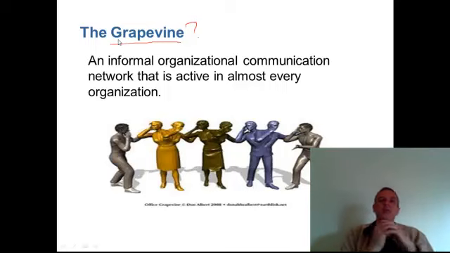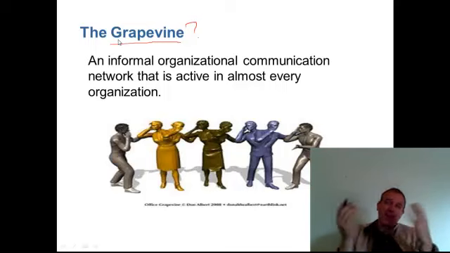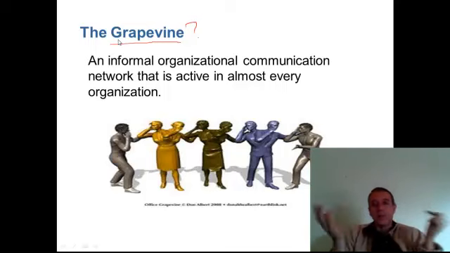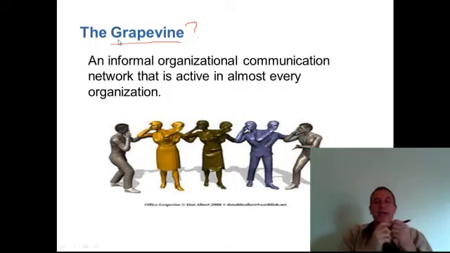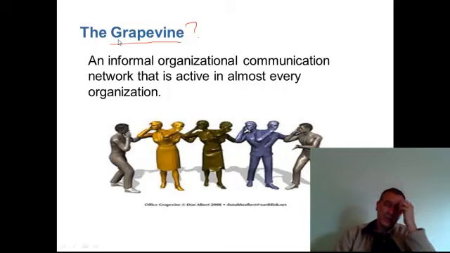In fact, I don't think they even notice it as the grapevine unless negative stuff is going around. If people are just talking and enjoying themselves, it is just that. But managers notice the grapevine when it gets negative about the organization. And because of our social nature, people are social animals, probably can't ever stop the grapevine. But the grapevine can be useful, I think, for managers, and at least it's like the thermometer. It's the pulse.